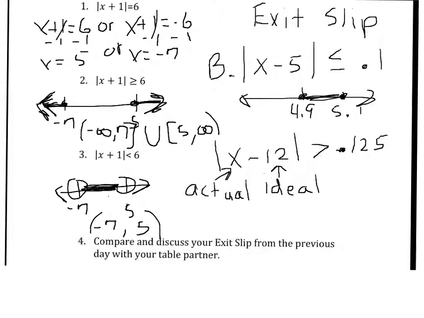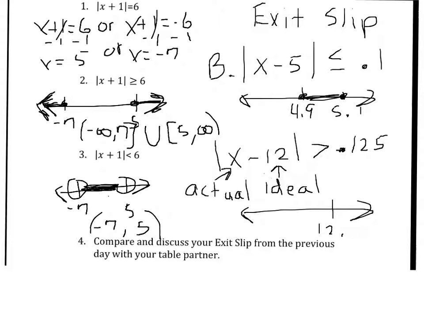We're going to look at the ones that have to be recycled. So those are going to be greater than 0.125 away, that we throw out and have to recycle, and we can't use. So 0.125 from 12 would be 12 plus 0.125, which is 12.125.